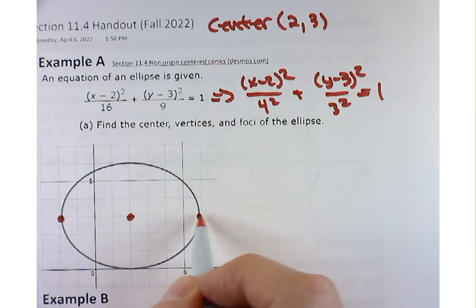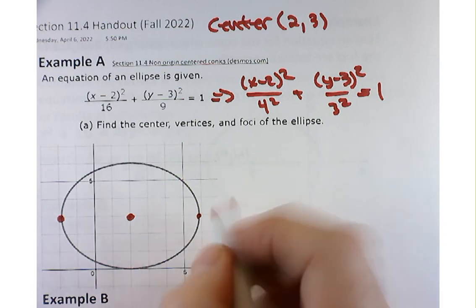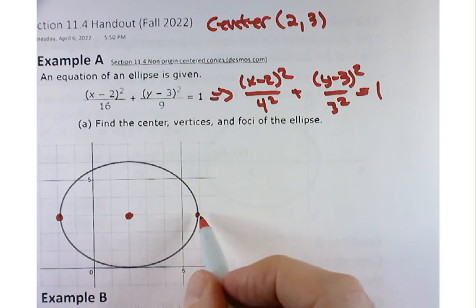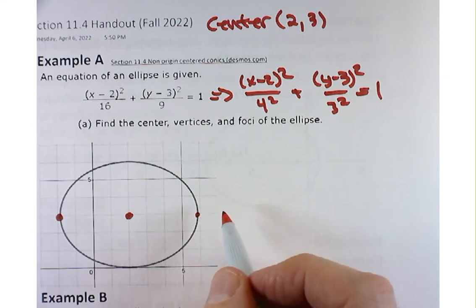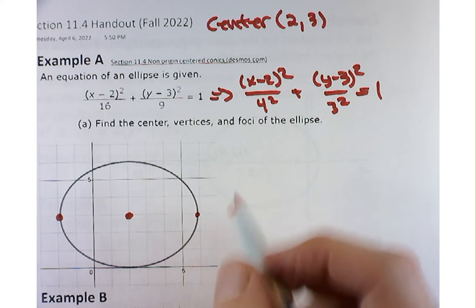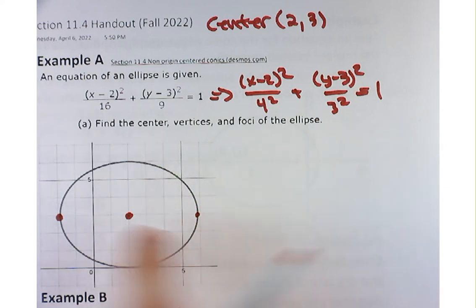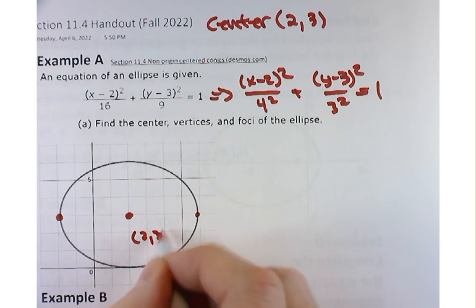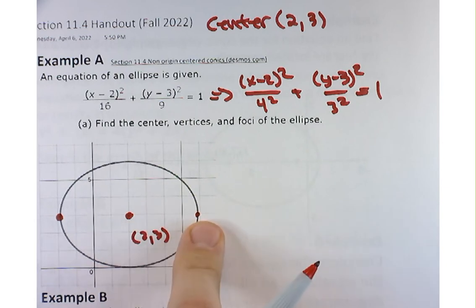Yeah, it looks a little short for some reason. Actually, let's figure out what point it should be on, because it looks like it's short. Now, the center is at 2 and 3. Which coordinate am I going to change to find this vertex here? Am I changing the x coordinate or the y coordinate?